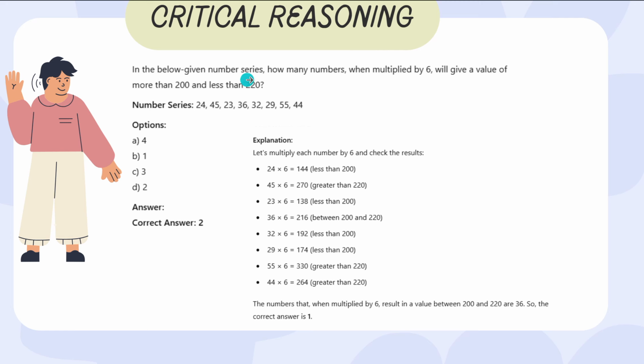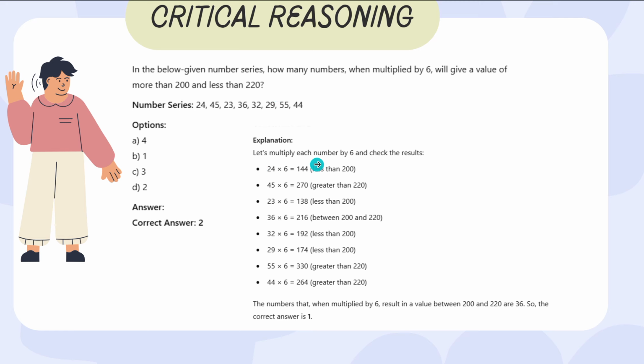In the below given number series, how many numbers when multiplied by 6 will give a value more than 200 and less than 220? Okay, these are the number series and you have to do certain calculations so that it matches the given condition.